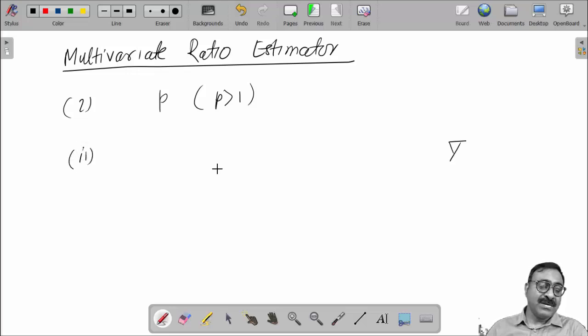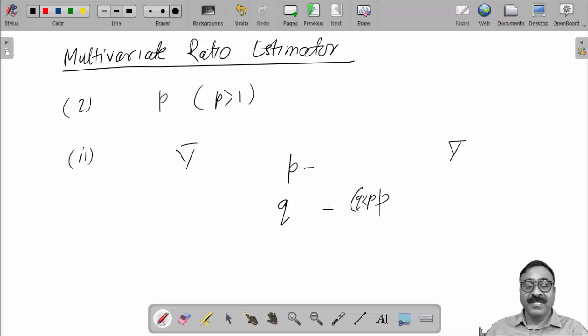The second question, whether a ratio type estimator of y bar using p auxiliary characteristics is more precise than using q auxiliary characteristics, where q is less than p.